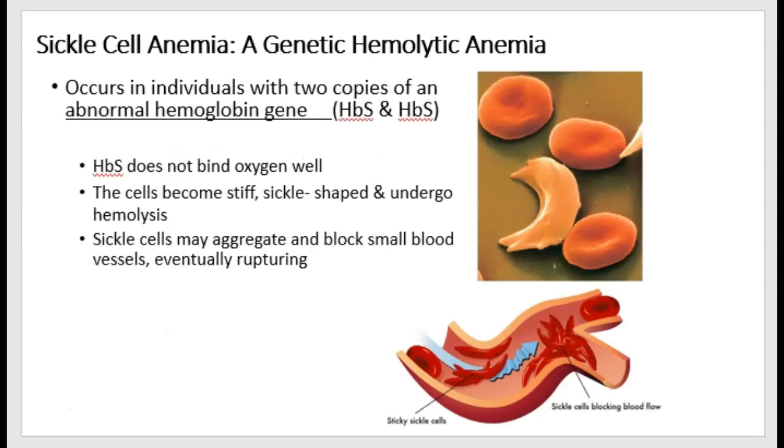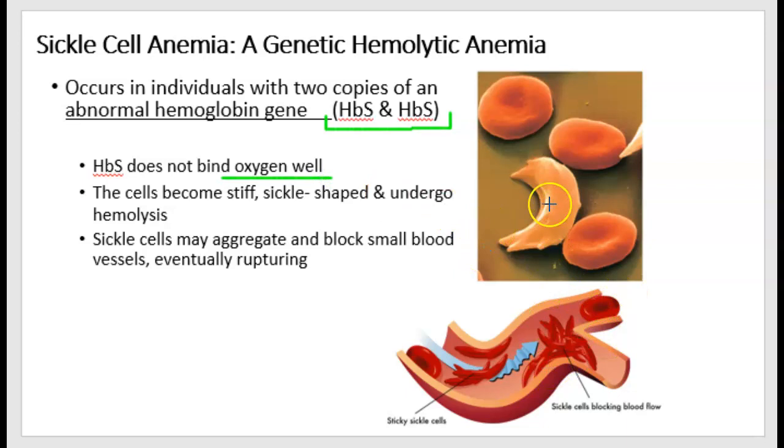Now, we discussed sickle cell anemia, and that is a genetic disorder. In that case, an individual has 2 copies of an abnormal hemoglobin gene, and that gene is named HbS, referring to sickle cell. This hemoglobin doesn't bind oxygen very well.